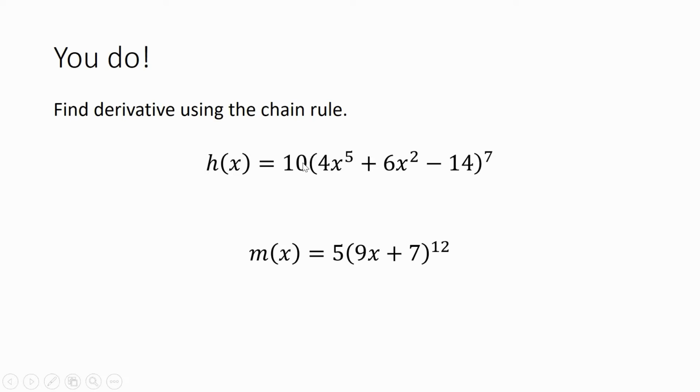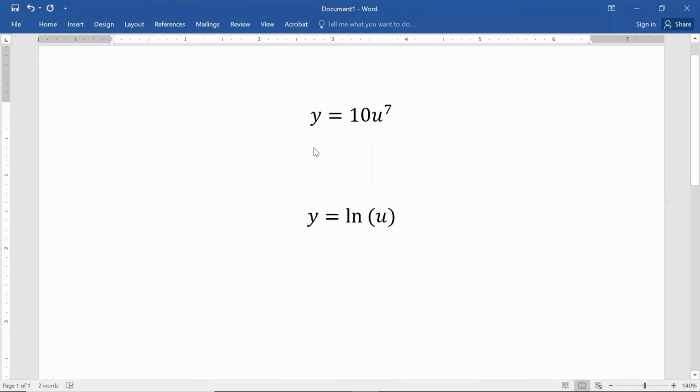So we took 7, multiplied it out front times the 10. This stayed the same, raised to a 6th power, and then we multiplied times the derivative of the inside function. And while I was doing that, I wrote 10 times u to the 7th. So I had y equals 10 times something to the 7th power.